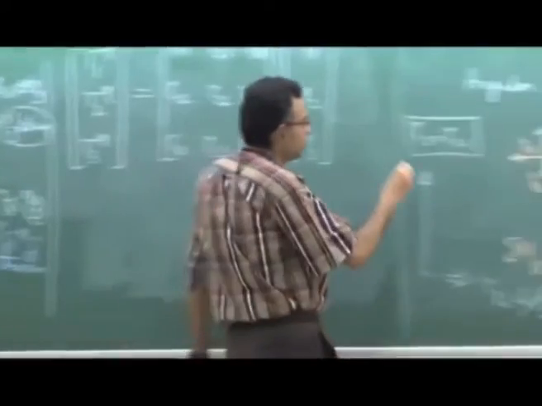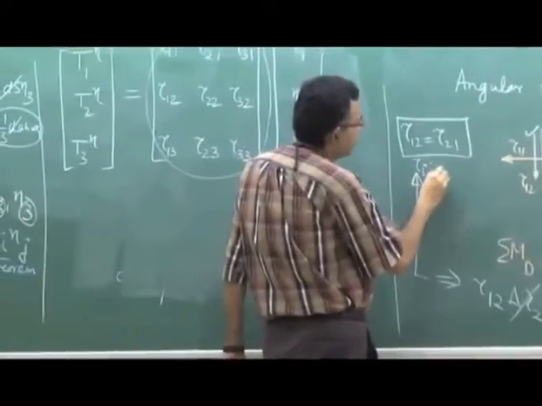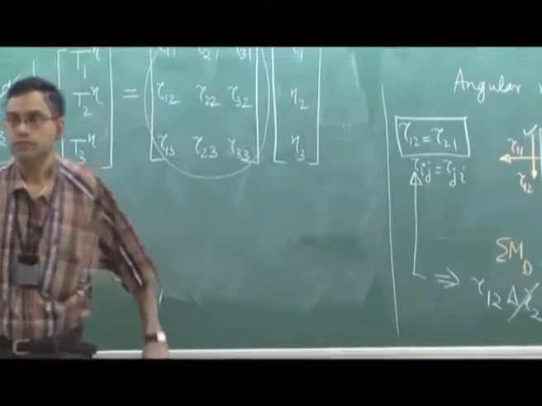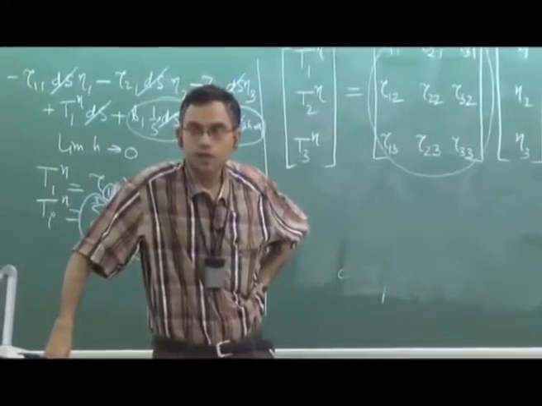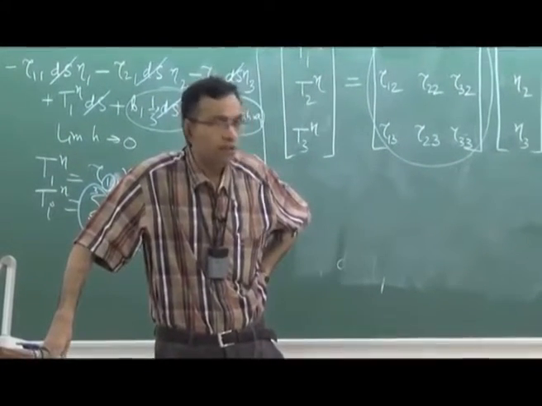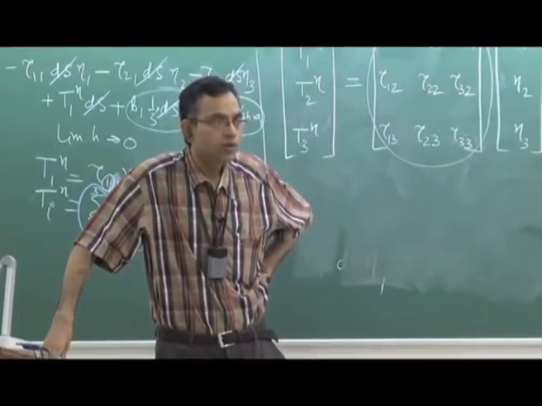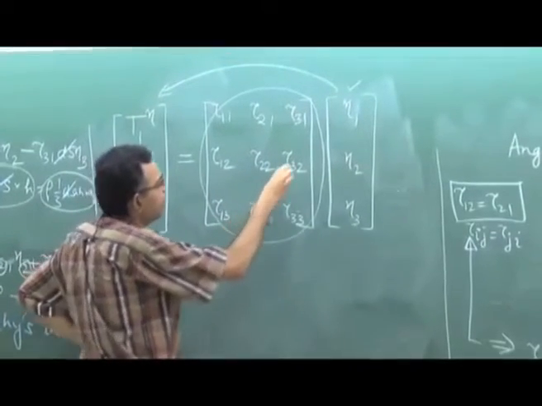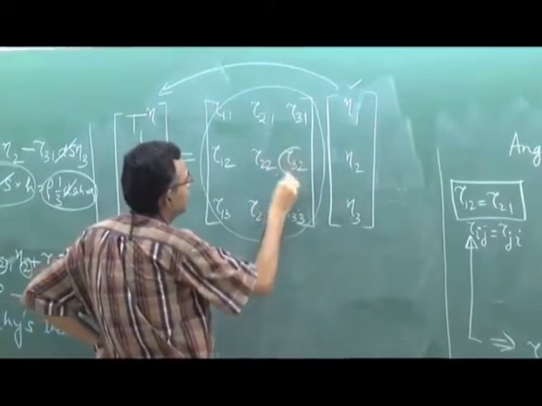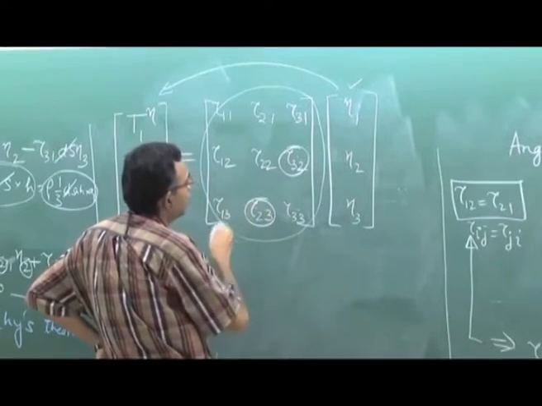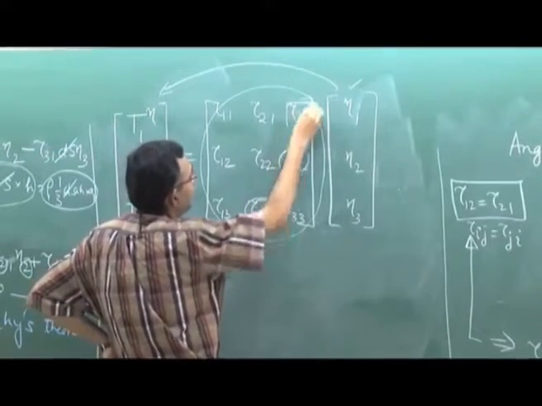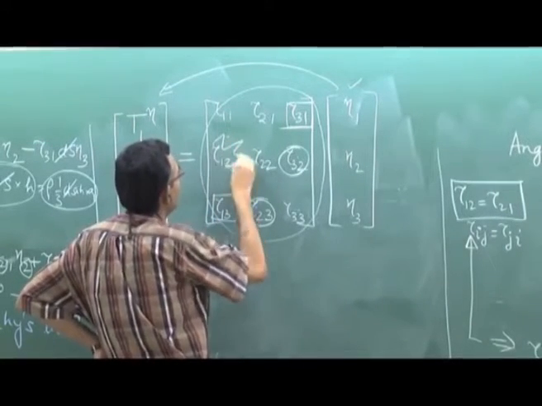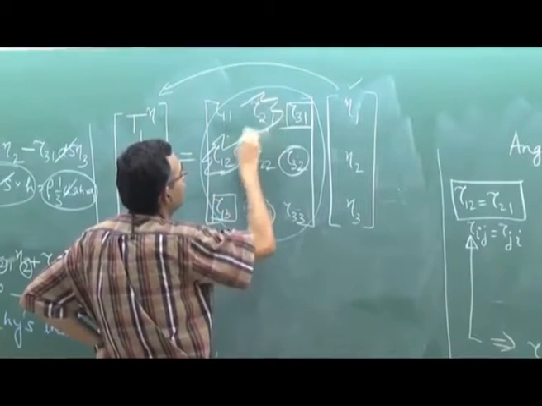or tau ij is equal to tau ji in general. Now here, once we have derived this, you can see that out of these 9 components, tau 32 and tau 23 are equal, tau 13 and tau 31 are equal, and tau 12 and tau 21 are equal.